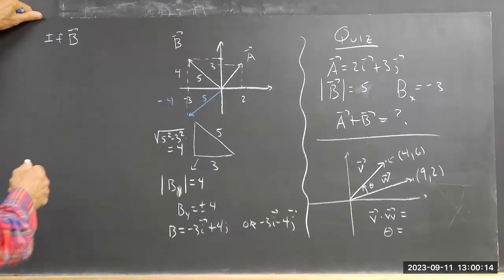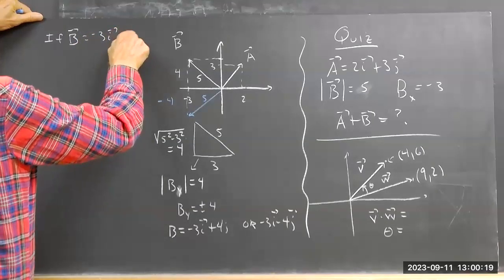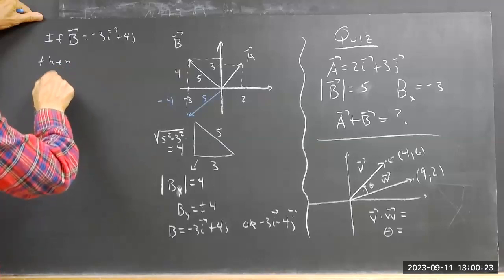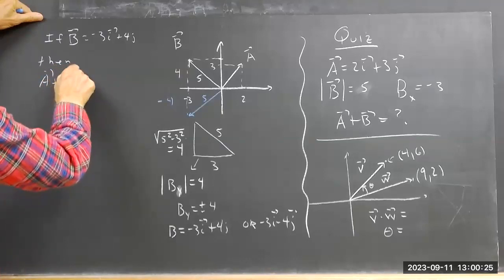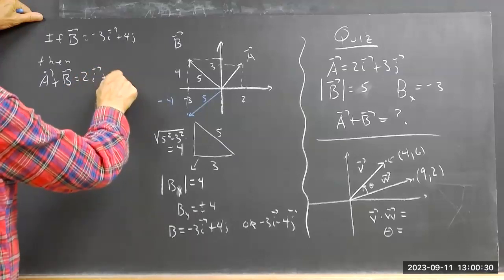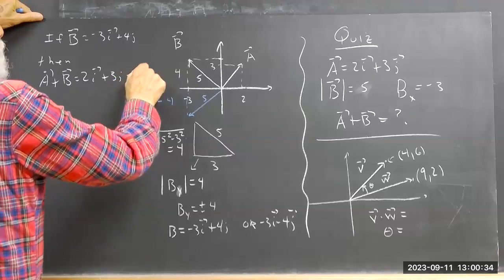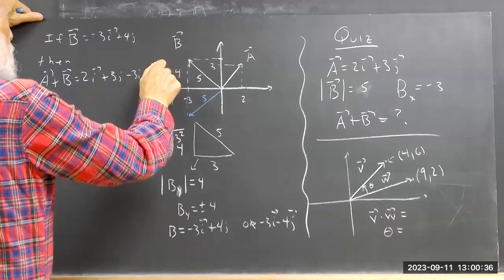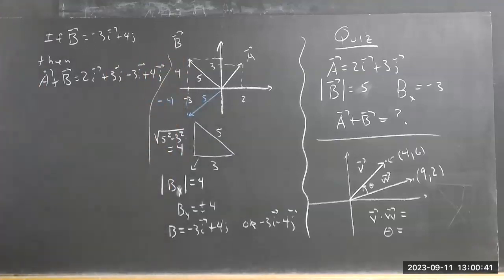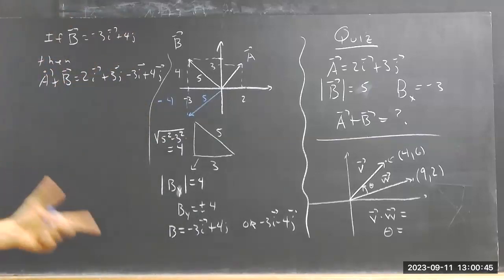Now, if B equals -3i plus 4j, then A plus B equals 2i plus 3j minus 3i plus 4j. Now you know that you can add the i's and add the j's, but the algebra is compelling.